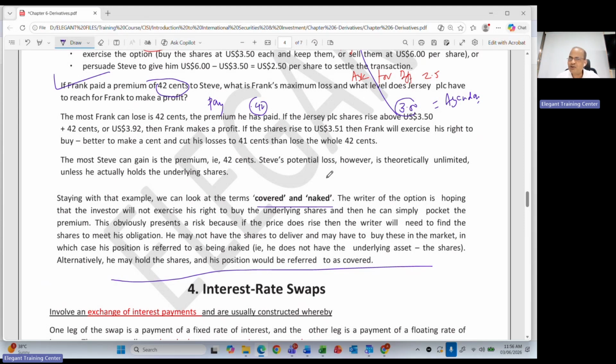But under the options, call option or put options, the holder is having a right, not obligation, and the holder is the one paying the premium, and his premium can be the maximum loss, but profit can be unlimited. I hope you understood the concept.